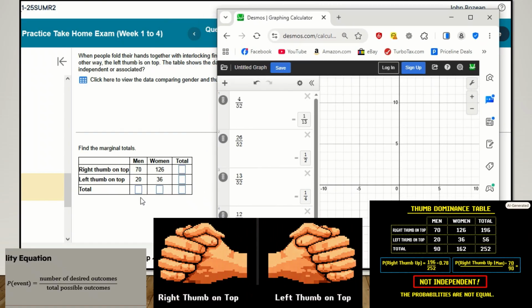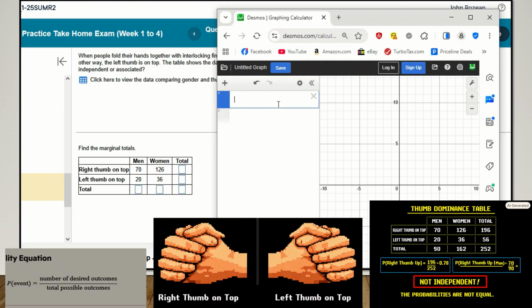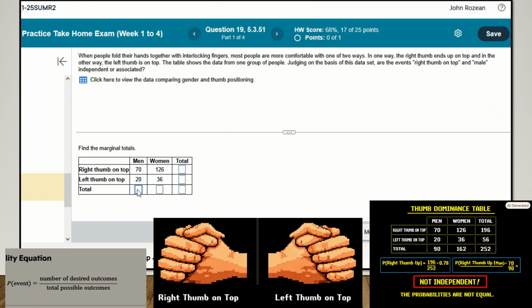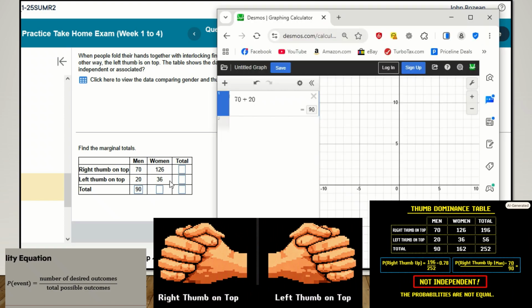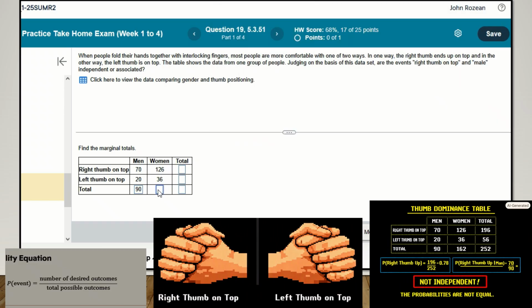So what we want to do is total the men's column. The men's column would be 70 plus 20, which is 90. So a 90 would go there. And then the women column would be 126 plus 36 is 162. This column right here would be the total of this row.